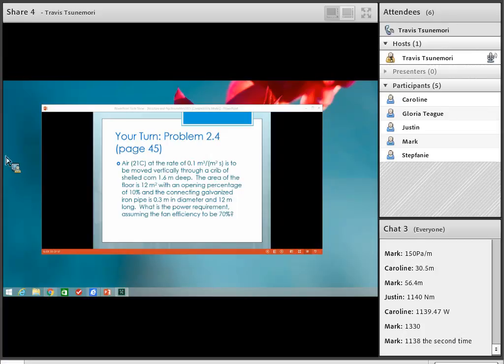All right, well, if you followed all that, I think you're doing pretty well because there are a lot of steps to that problem. If you want to check yourself, there's a second half to problem 2.4, and they ask what the power requirement is if you have a bigger pipe. I would recommend that you put away your notes from what we just did and try it again on your own.